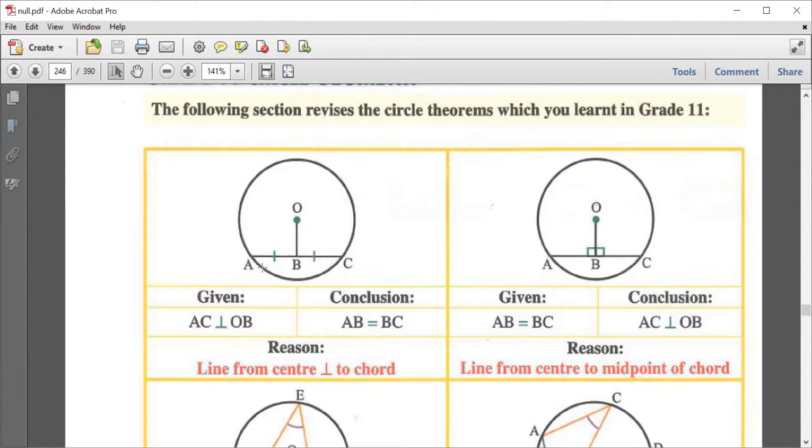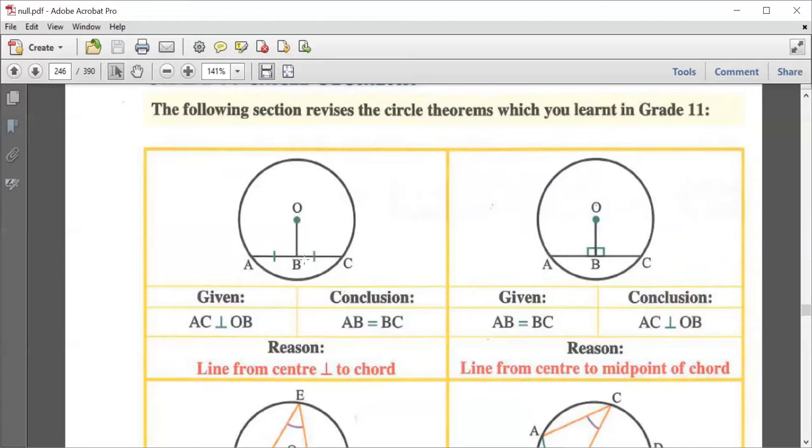So what does the theorem of midpoint say? It says that if you have a chord and there's a line that comes from the center of the circle, goes straight and crosses the chord, then with that information, you will have been given that the line AC, which is a chord, is perpendicular to the line OB.